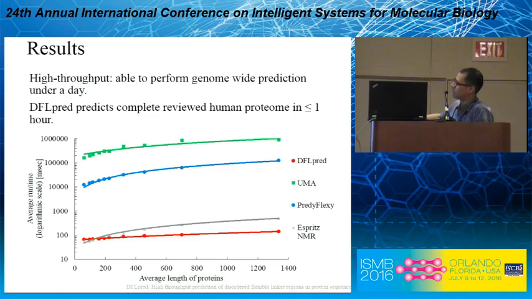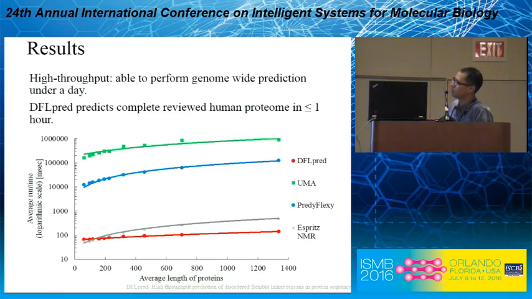This red line is the runtime for DFLpred, which is our predictor. We can see our predictor has a low runtime when the proteins are longer, and when the proteins are shorter, our runtime is comparable with the ISCB, which is one of the fastest predictors of disordered proteins.